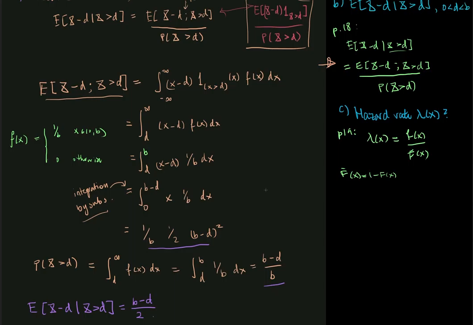So given that we know that x is greater than d, how much greater than d can we expect x to be? Well, it's somewhere between 0 and b minus d greater than d. And any of those values, x can take with uniform probability. So hence we just choose the middle point, in a sense. So intuitively, this makes sense as well.